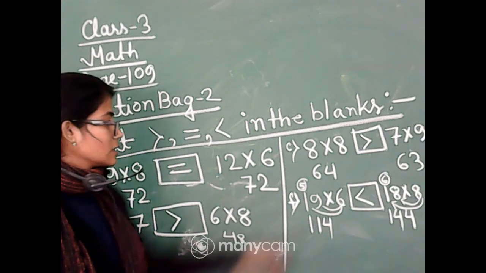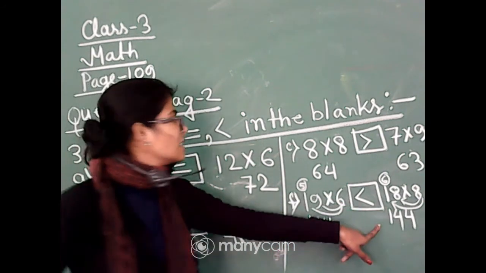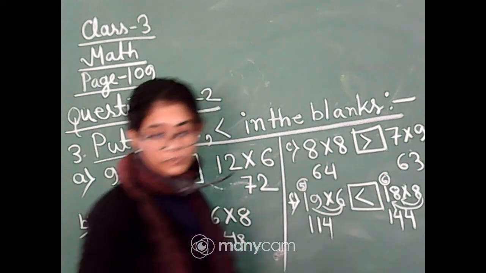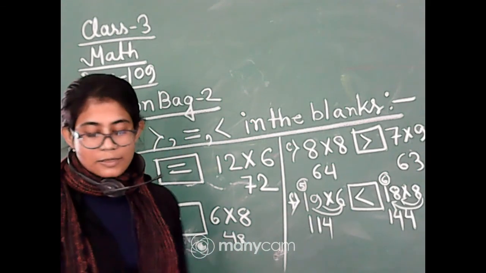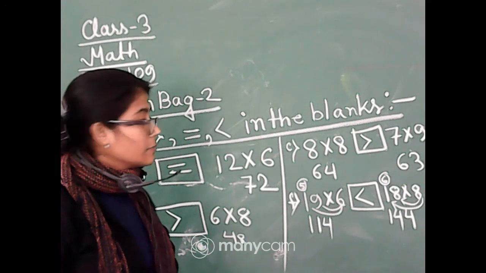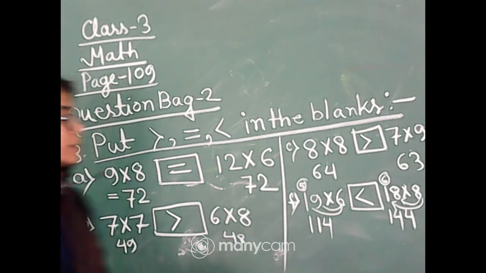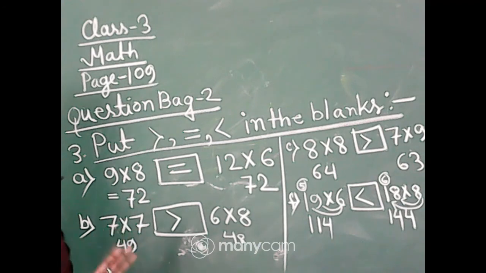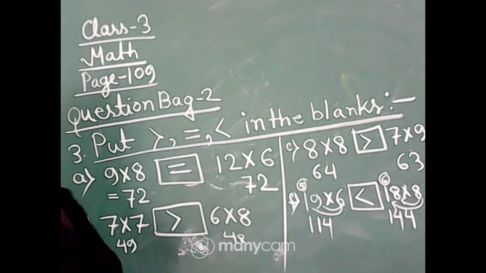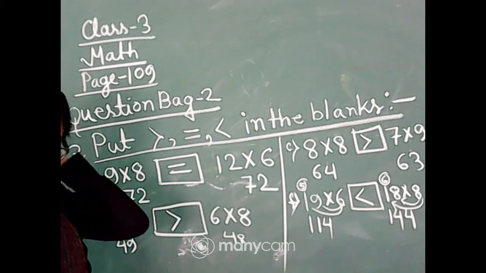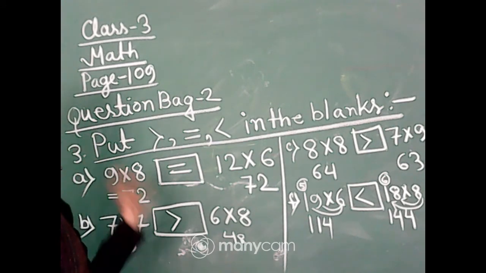If this number is less than this number. Okay. So in this way you have to do this exercise 3. The reason I tell this math is because the rest of the math you can do if you follow the process: whenever they tell you to choose the correct sign, at that time you have to find out the exact result for both sides.